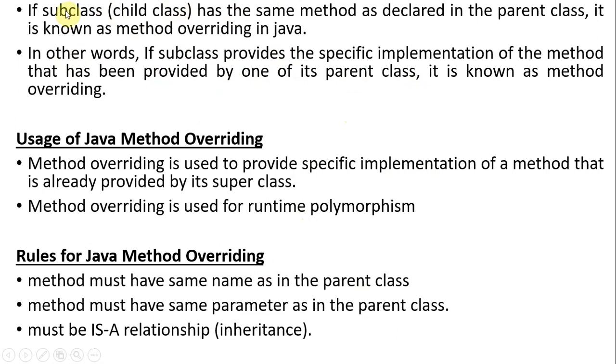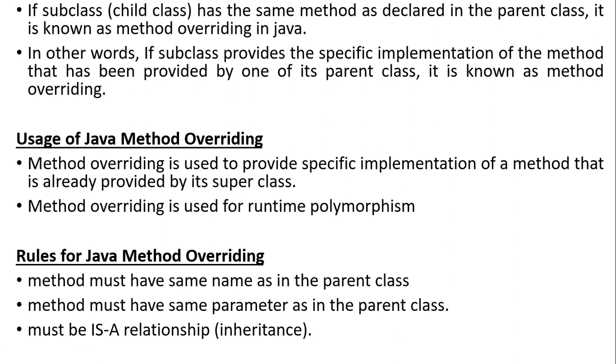So what is it? If a subclass or child class has the same method as declared in the parent class, it is known as method overriding. Just to differentiate, method overloading is restricted to a single class, whereas method overriding is always defined with inheritance.